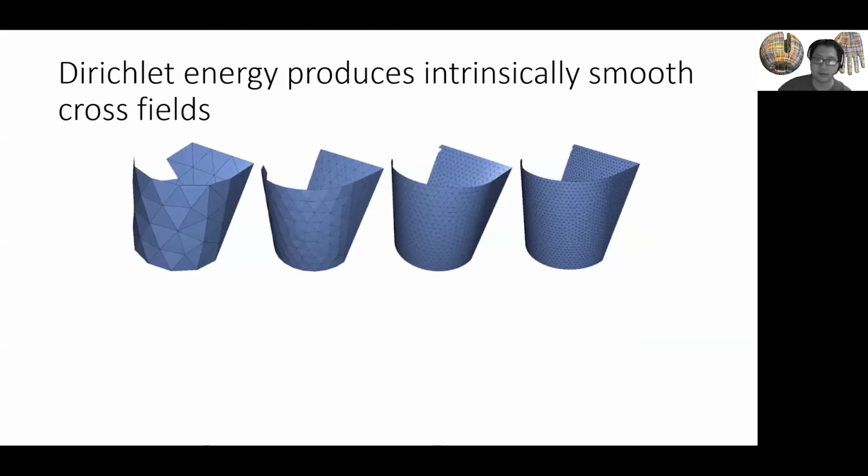And to test this out, we have the following experiment. We took meshes of increasing resolution of essentially a cylindrical shell, just so it has very strong principal curvature directions, and attached to it a wedge of angle theta. And we forced the crossfield to align to the wedge angle, so that can be thought of as a boundary constraint.